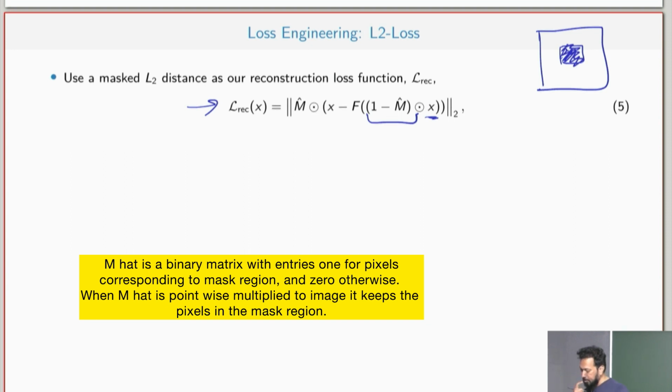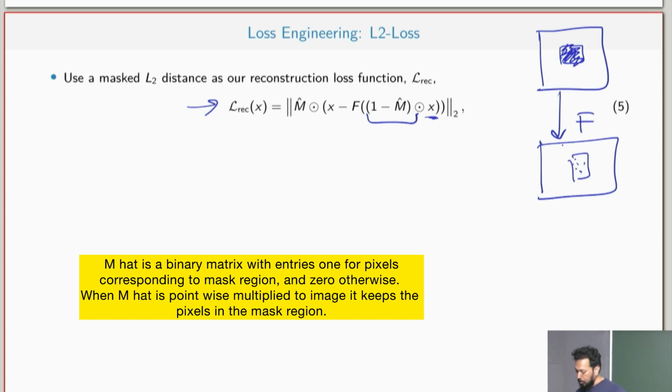So this is my corrupted image. Now this corrupted image goes to F, and F is the whole encoder-decoder. It encodes, decodes everything, and produces something which is not perfect for us. There is still some problem, but it did try to reconstruct.